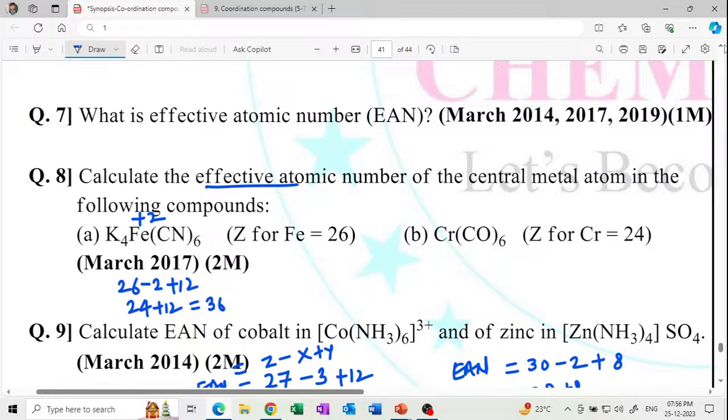Okay, chromium 24. So this is 24. What is the oxidation state? 0, and plus 6 times 2, so this is 12. So 24 plus 12, how much? That's 36. So this is your answer, 36. Get it?